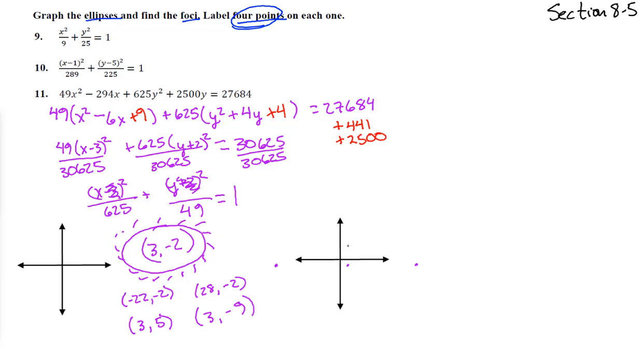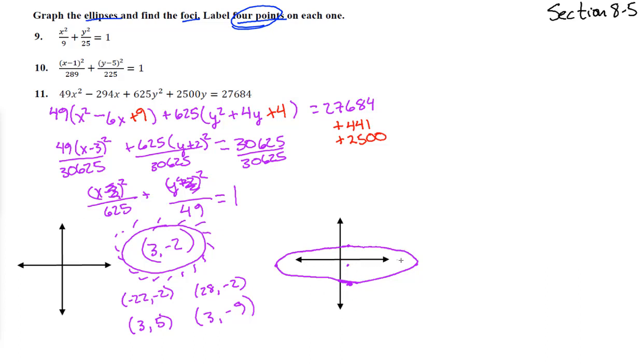So 3, 5, and 3, negative 9. And here's our really long, skinny ellipse. Oh, I missed the bottom guy there. Hate it when I do that. There we go.